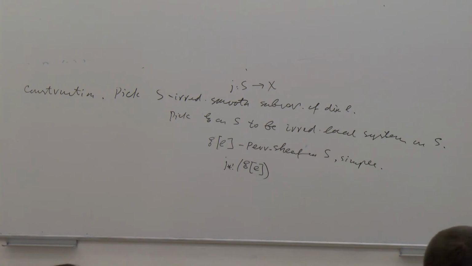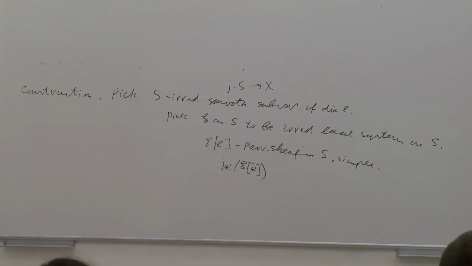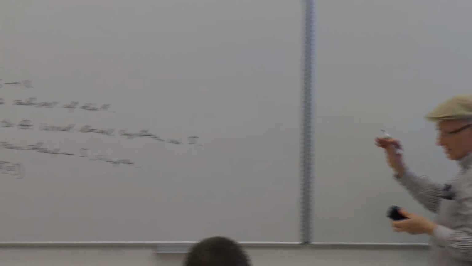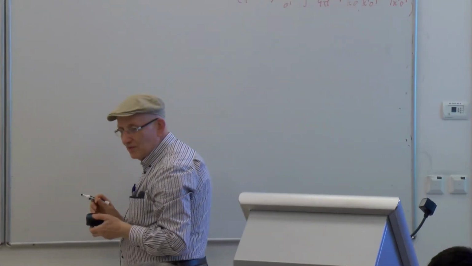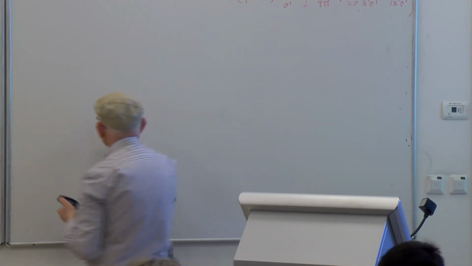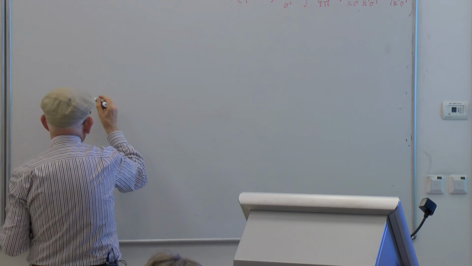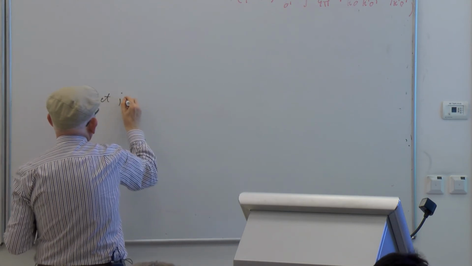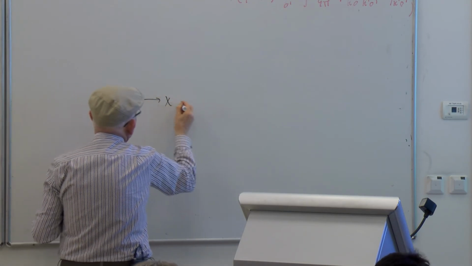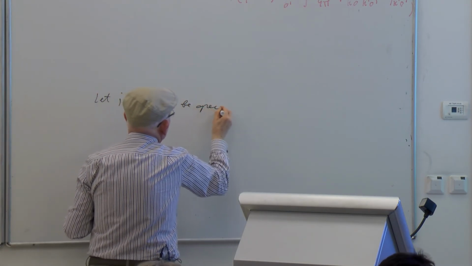I said that let's consider first the case of affine embedding, but now let's consider the case of non-affine embedding. First of all, one can work only with affine embeddings, but I want a digression, so let J: U to X be open.